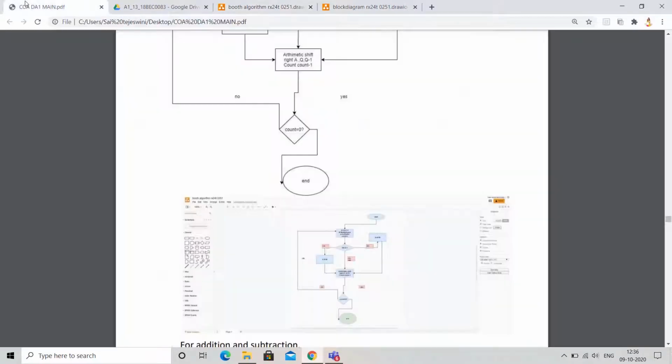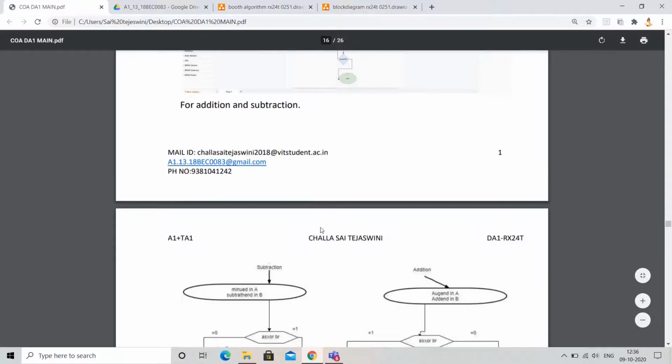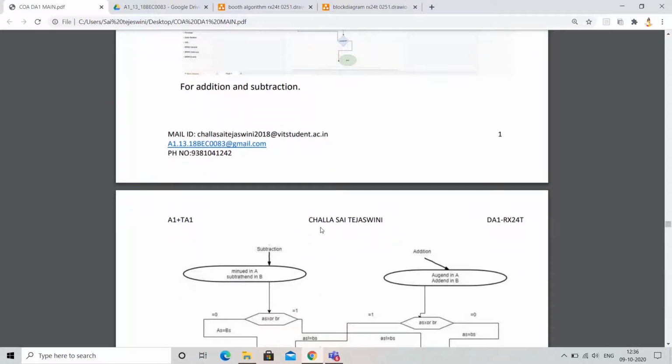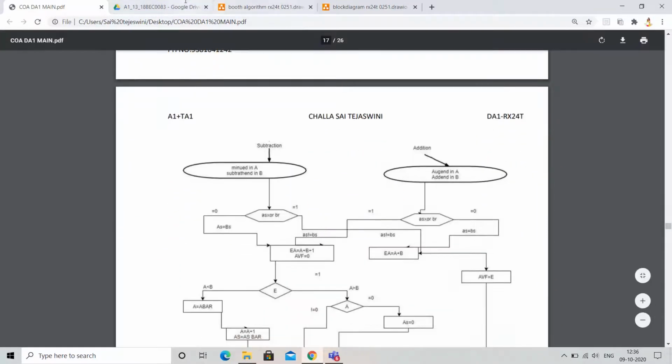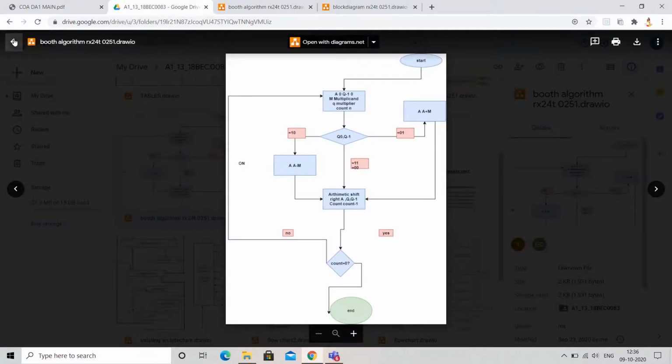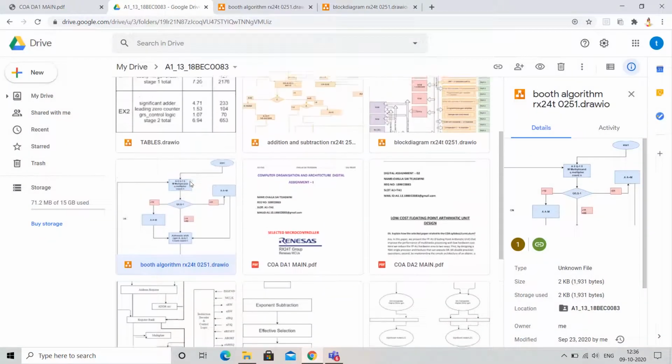Coming to the algorithm of addition and subtraction, it can be seen now. This is also drawn using the draw.io tool.